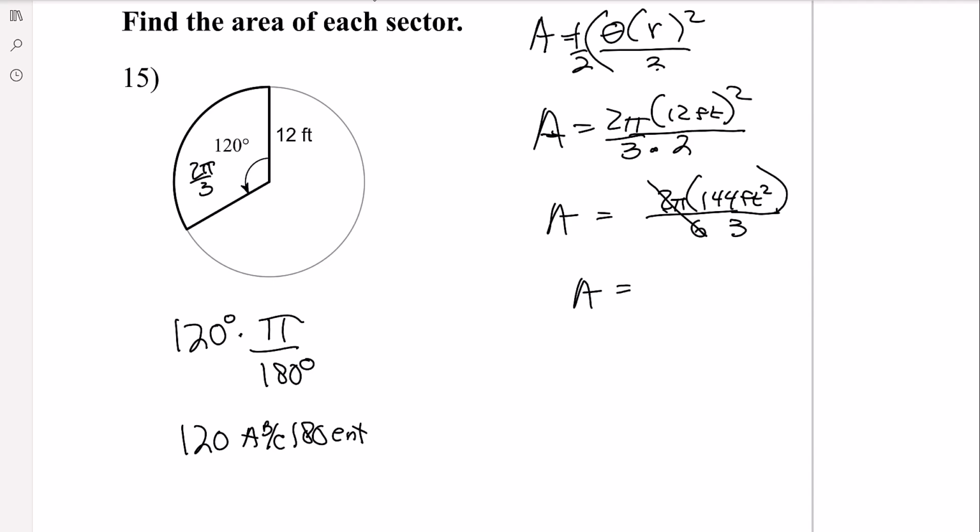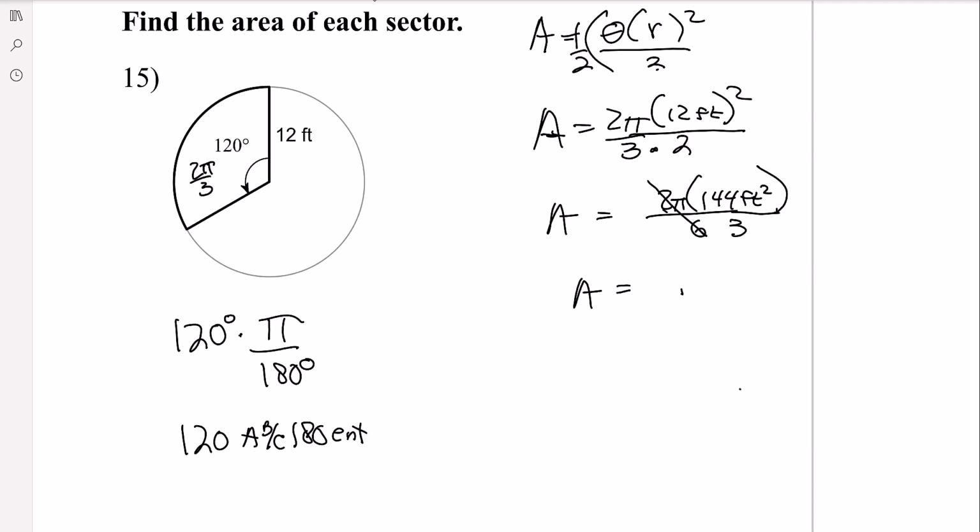Or you could have just typed this. You could have just typed, leave off the pi, we'd just leave the pi alone, 2 parentheses 12 squared, divide parentheses 3 times 2, enter, and that would have given you the pi amount, and then just multiply it by pi. But let's do it this way.